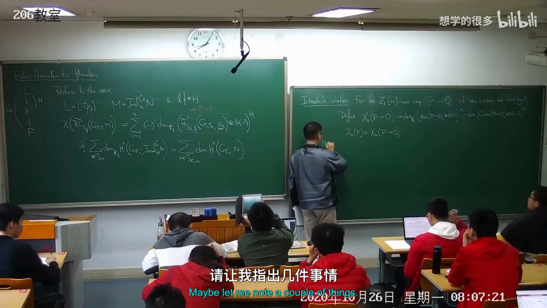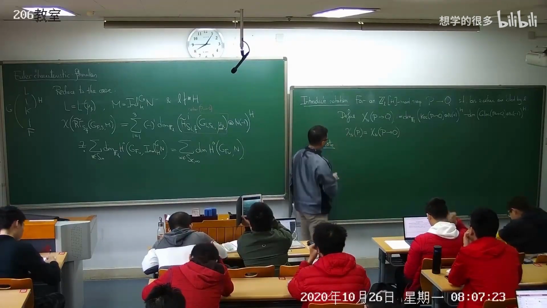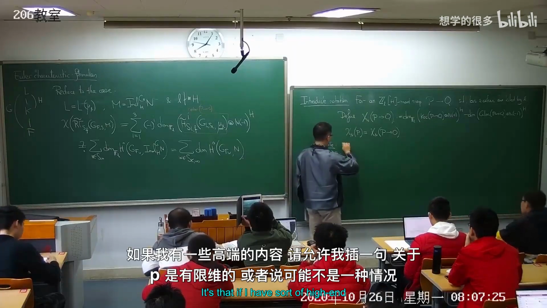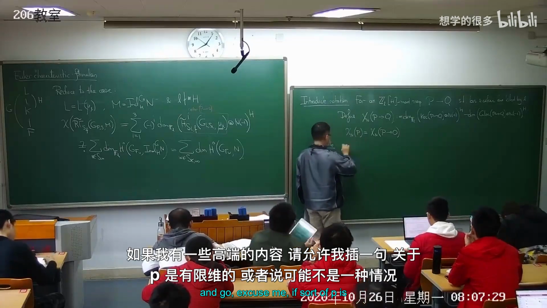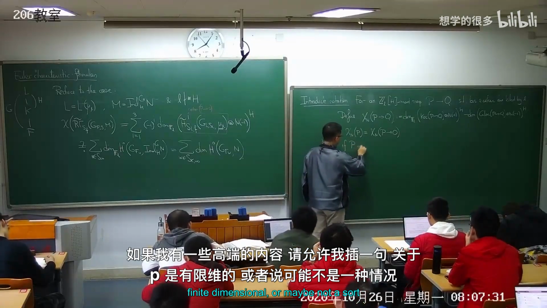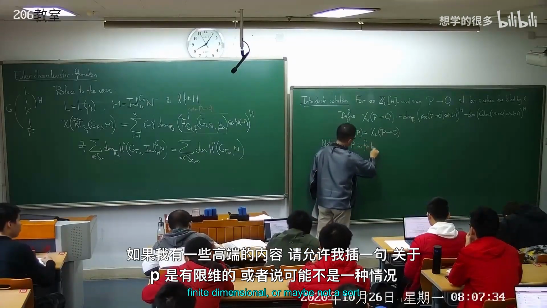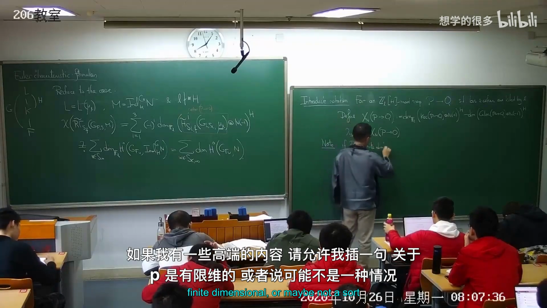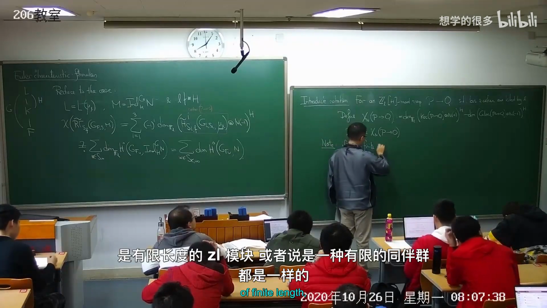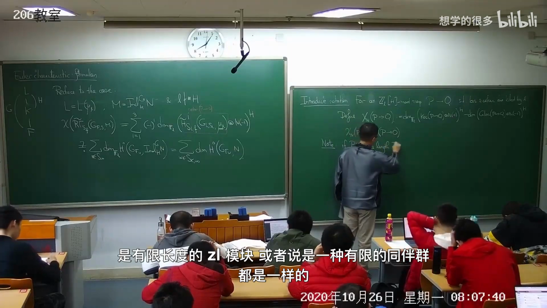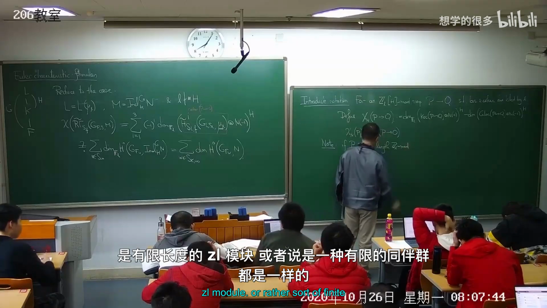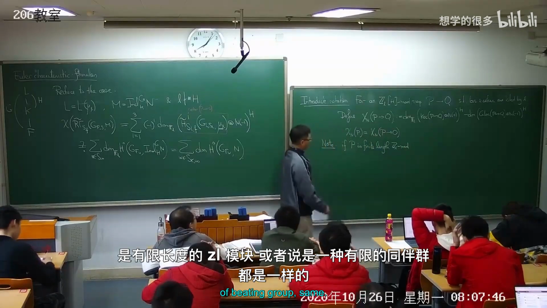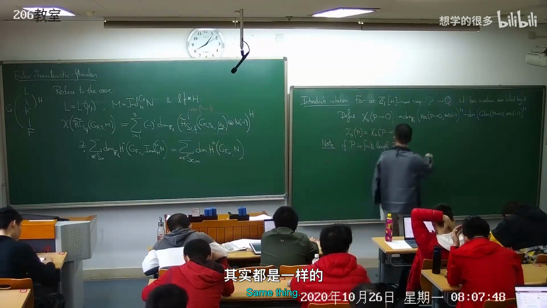Maybe let me note a couple of things. Is that if I have chi N, and if P is a finite dimensional, or maybe not, finite length ZL module, or rather a finite abelian group, same thing.